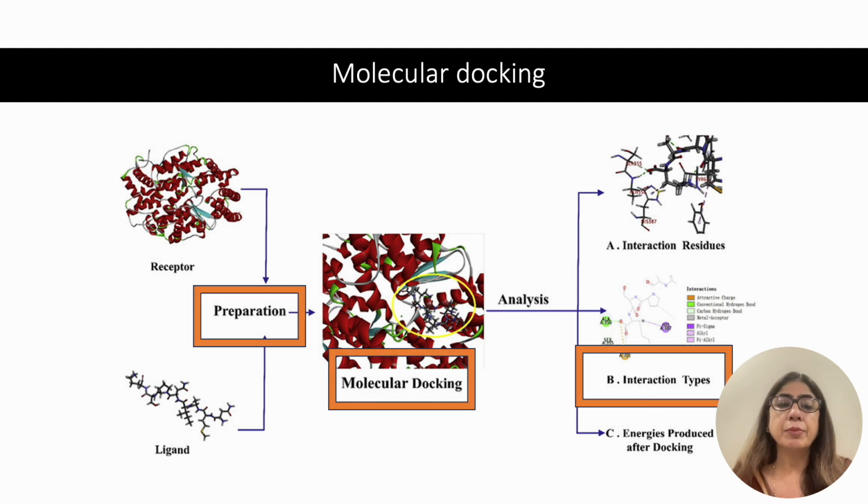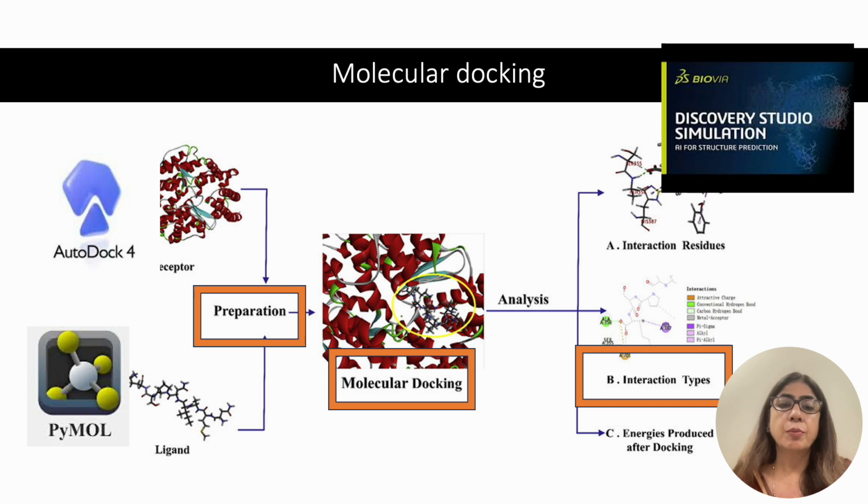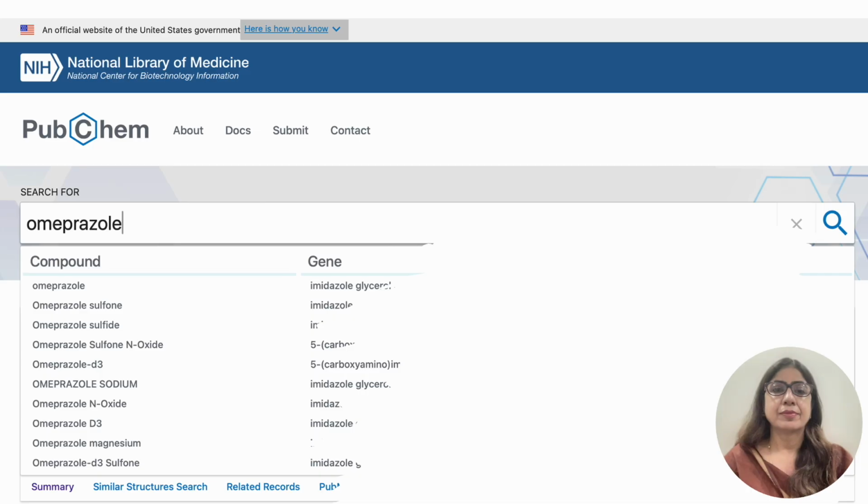This software can be AutoDock Vina, Discovery Studio, PyMOL, Schrödinger or Molsoft. Similarly, the 3D structure of the desired ligand is obtained from databases such as PubChem, and the docking process is then performed.